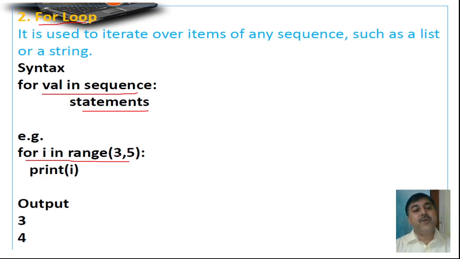That means it will start from 3 and run up to 5, but it will stop before 5. As I said earlier, it will start from the starting point, and it will go up to the ending point but only print before the ending point.